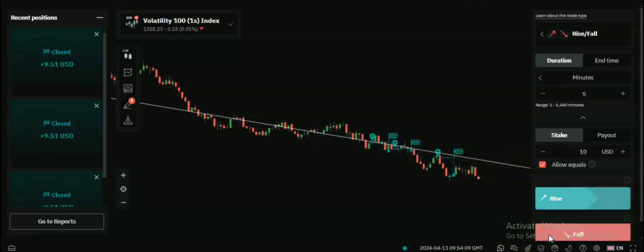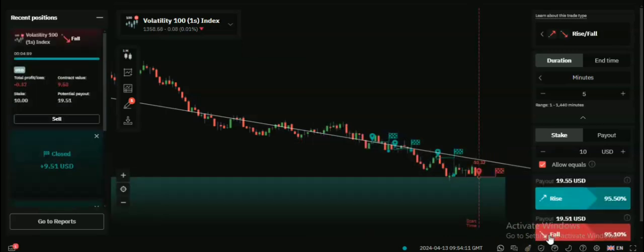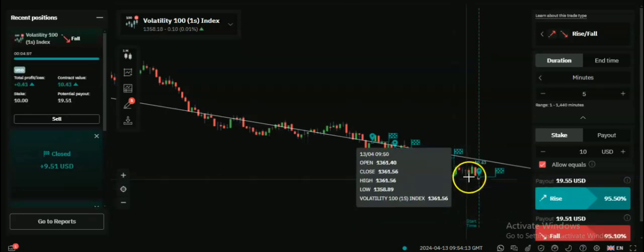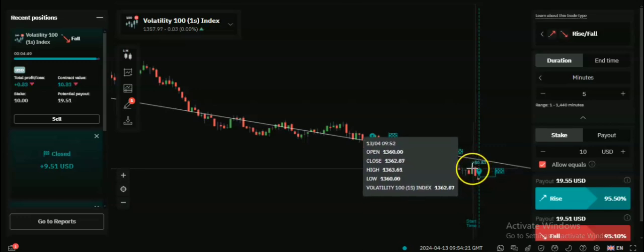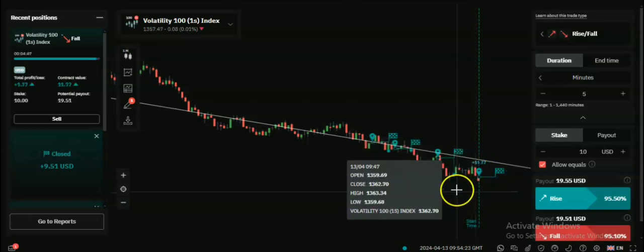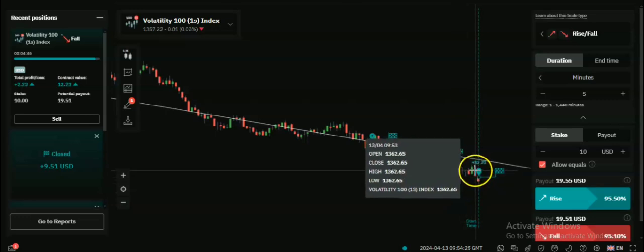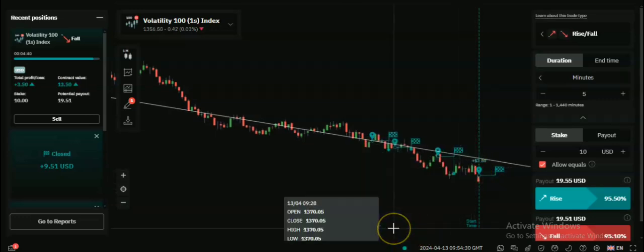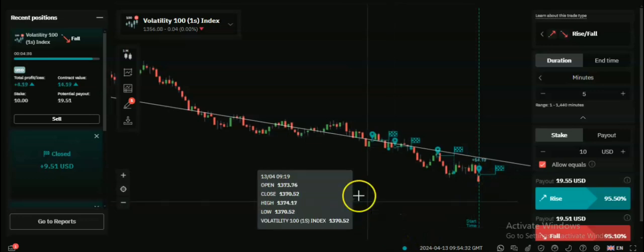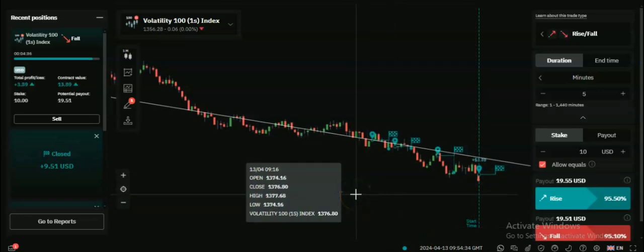So we are going to take our trade from here for down for the next 5 minutes, for the next 5 candlestick prediction. It's going to be down. The bearish engulfing pattern simply means the trend will still continue downward.